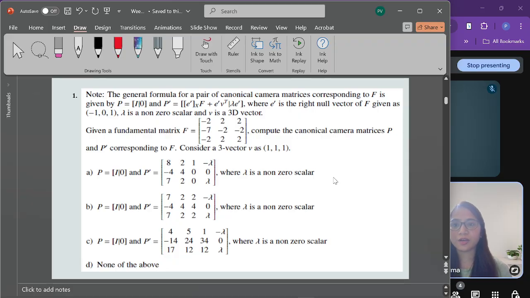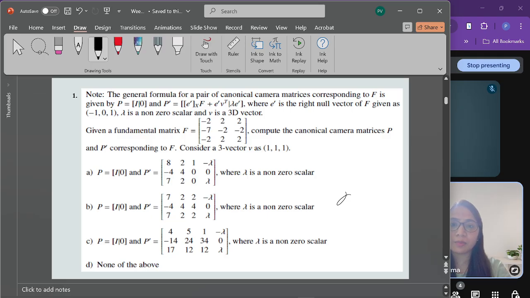So question one is: the general formula for a pair of canonical camera matrices corresponding to F is given by P, which is in the canonical form [I | 0], and P dash is represented by [E dash X F + E dash V transpose | lambda E dash], where E dash is the right null vector of F, given as (-1, 0, 1), lambda is a non-zero scalar, and V is a 3D vector.